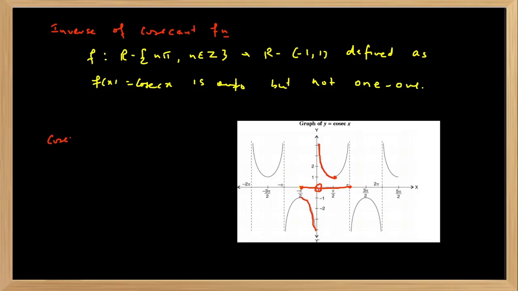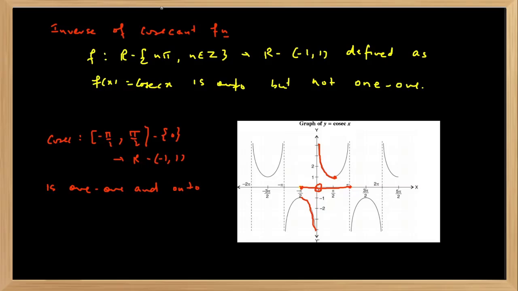So we'll say the cosec function, if I take it from -π/2 to π/2 excluding 0, to R minus (-1, 1), then it is 1-1 and onto and hence invertible.